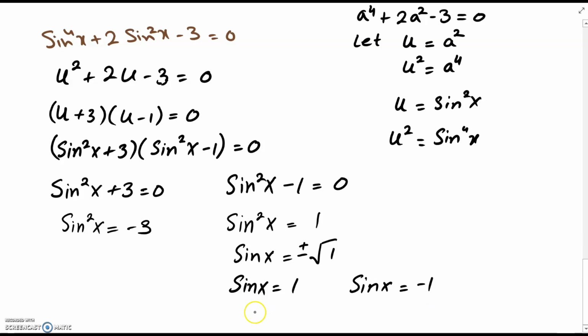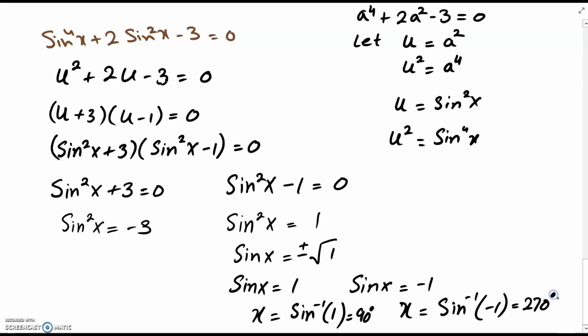If you find the inverse of it, I will write properly: x equals sine inverse 1, and x equals sine inverse negative 1. This answer is 90 and this answer is 270. These two values are on the y-axis, so you don't have to calculate the other values.